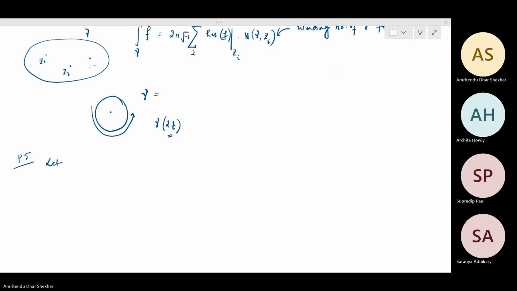Let f(z) equal z squared minus 2z plus 3.